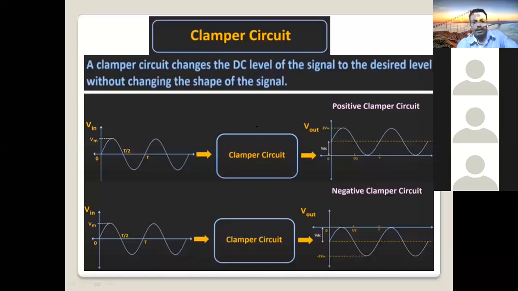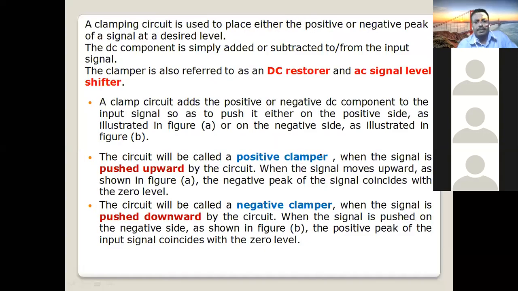So what is a clamping circuit? As you can see here, a clamping circuit is used to shift a signal either upward or downward by adding or subtracting some DC signal.